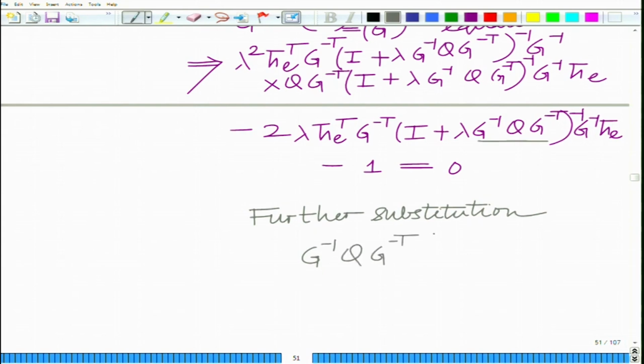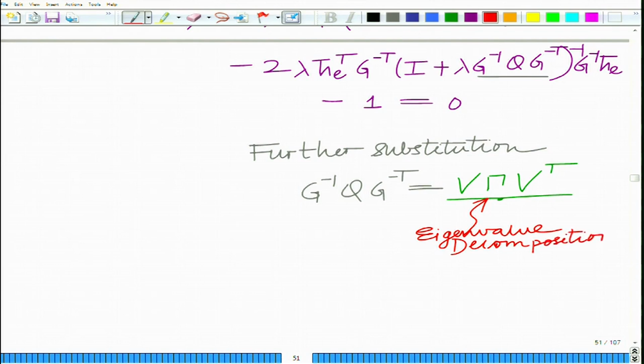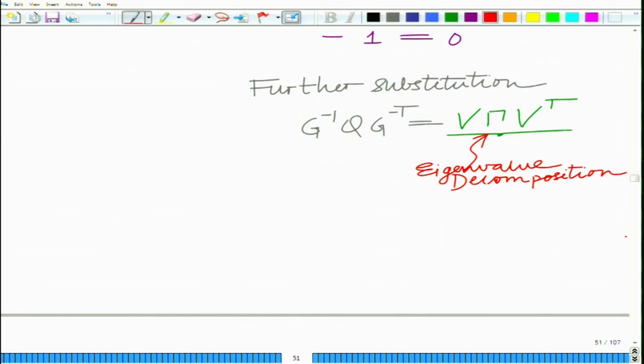So, G inverse Q G minus transpose, we employ its eigenvalue decomposition as follows, that is V gamma V transpose. So, this is basically the eigenvalue decomposition of this matrix G inverse Q G inverse transpose.